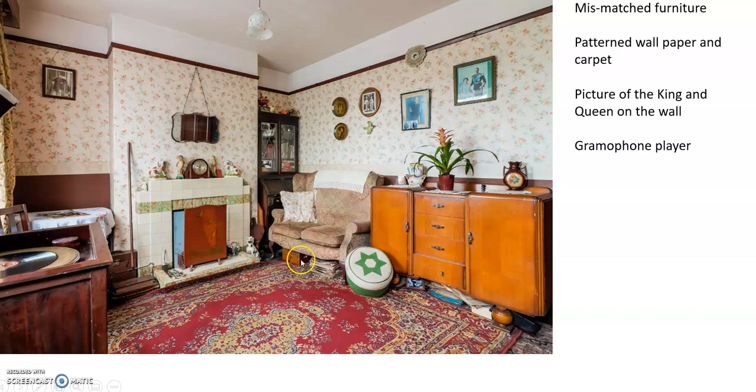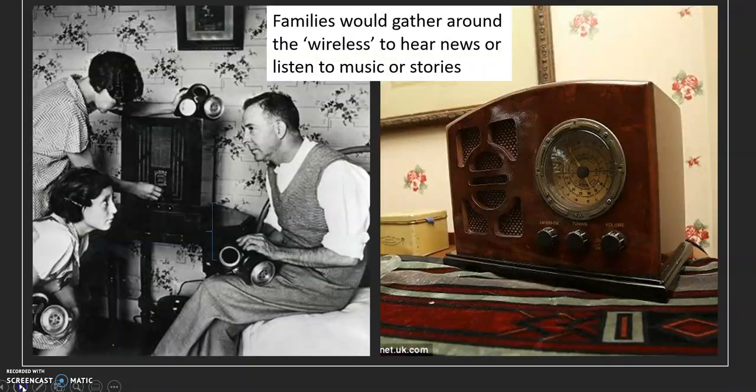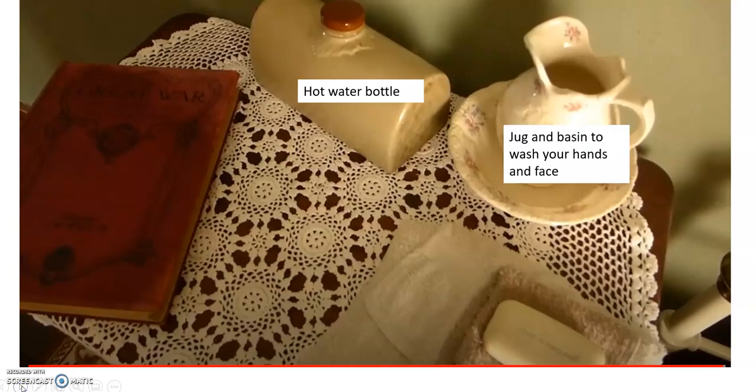There isn't a wireless in this room. Here's a wireless. This is families gathering around the wireless in order to hear news or listen to music or stories. And here's another picture of a wireless that people would have in the 1940s.